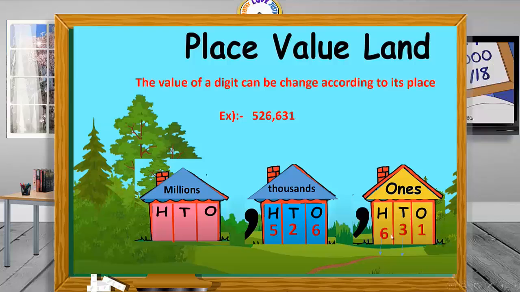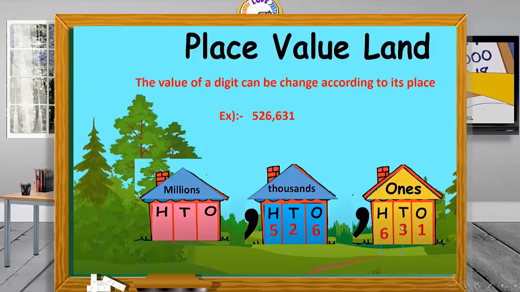Place means a house or room. And what does value mean? What does 1 in ones equal? What does 3 in tens in the first house equal? What does 6 in the hundreds place equal?